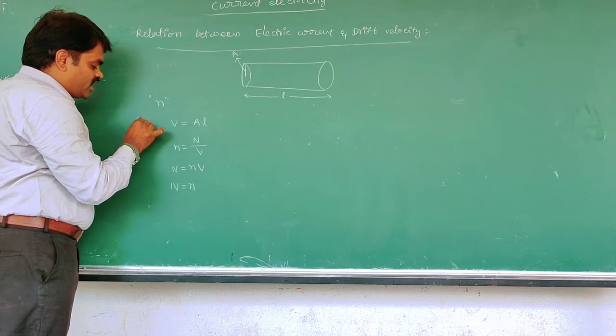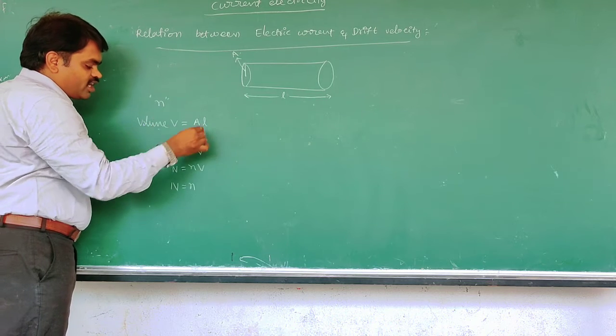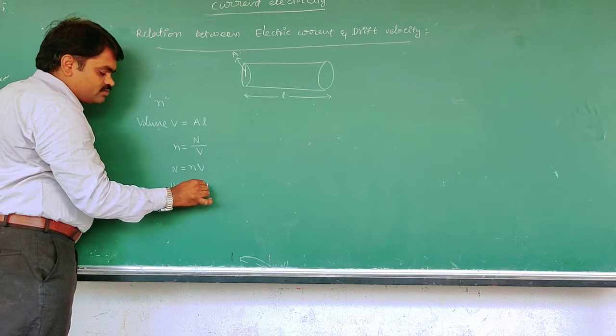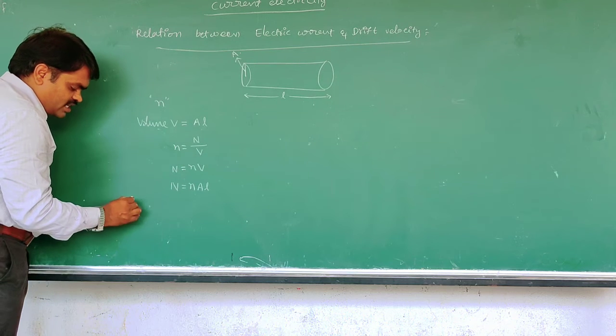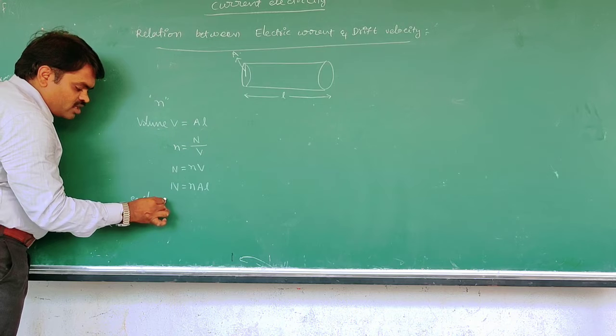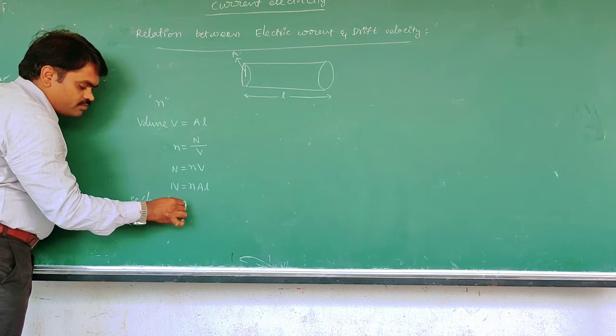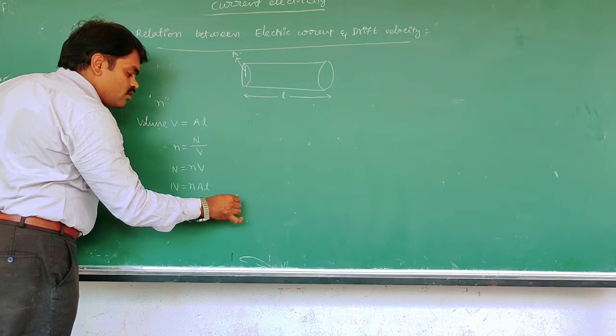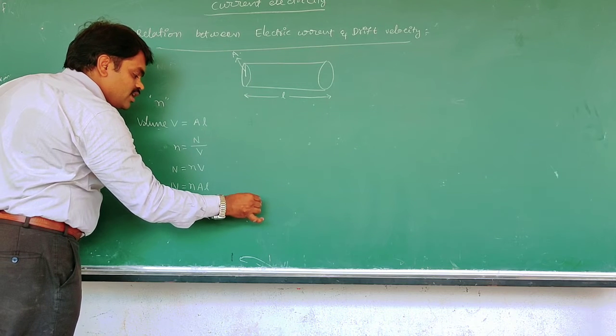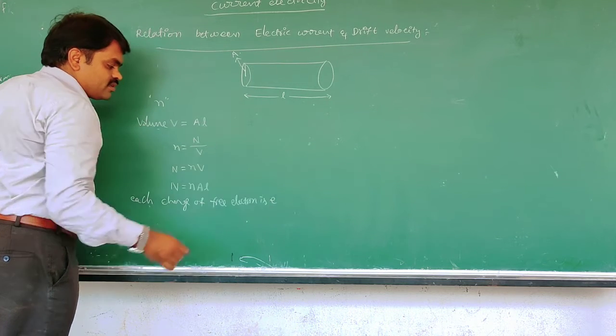Volume of conductor is A into L. The charge of each free electron is e.